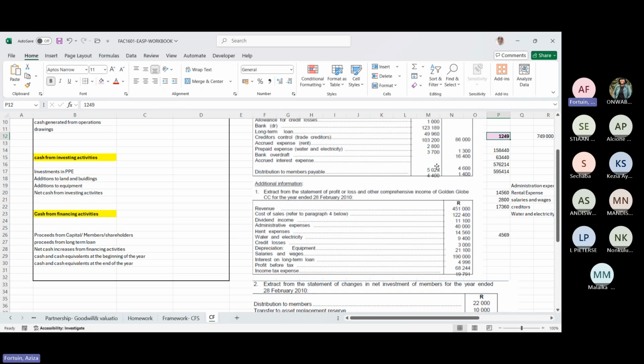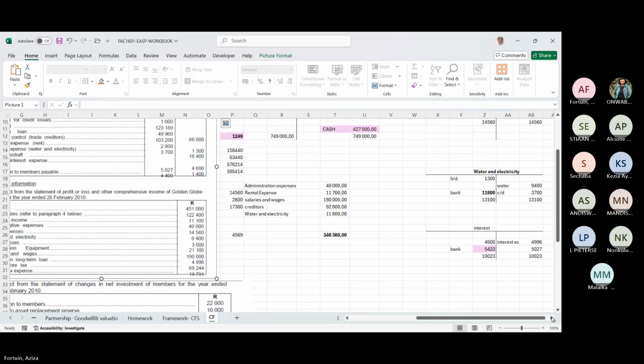And this 5027 and the 4600, that is your taxation amount. So let's go and fix this up here. Which one? The 5072 and the 4600. Yes, that is meant to be interest.